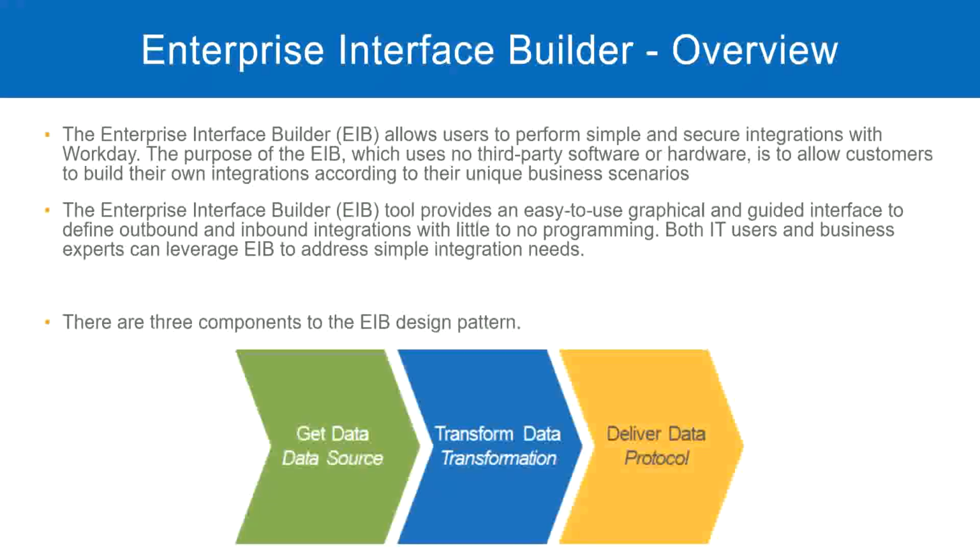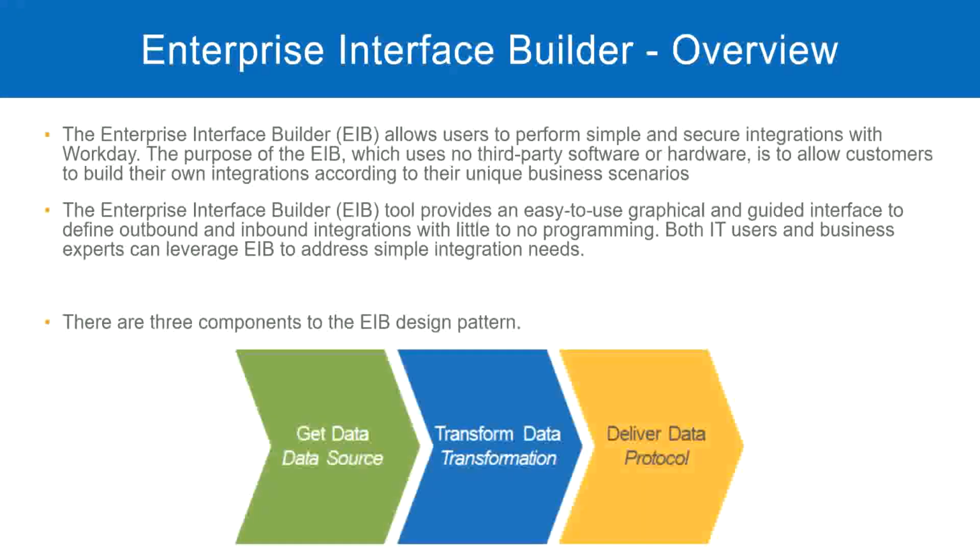So any integration will have 3 steps. First we have to get the data from somewhere. Some of you said we will Google the data. Absolutely, so you can get the data from somewhere.